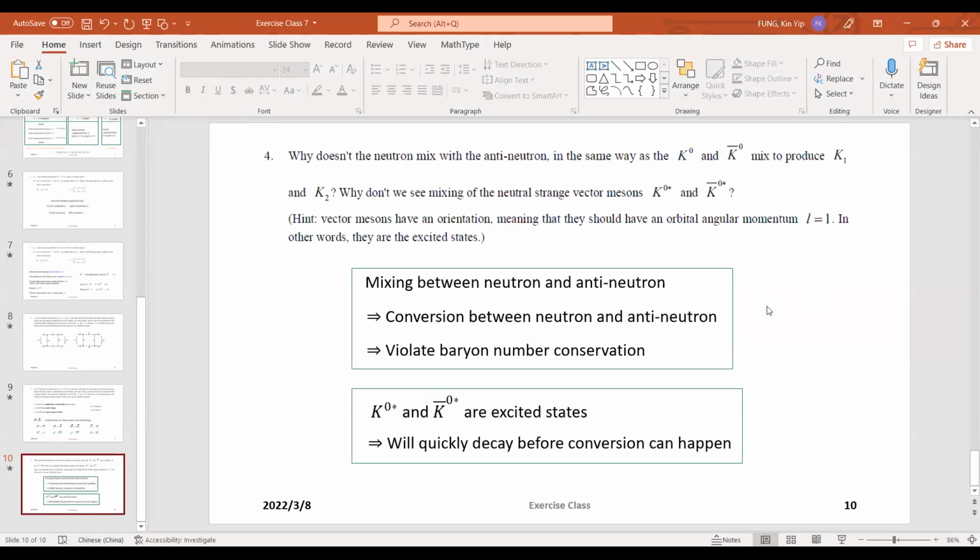May I ask a few things about this exercise? So decay governed by the weak interaction has this typical time scale of, I think, 10 to the minus 13 seconds or something like that. But how about this excited state to ground state change?